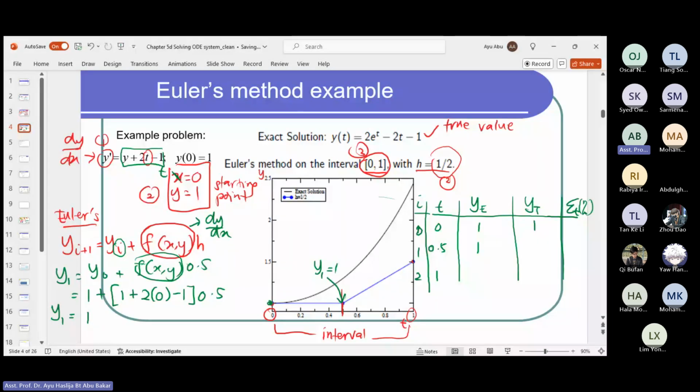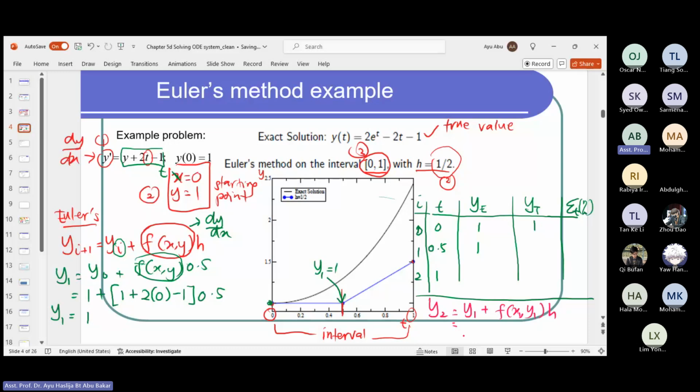Next, to find y2. To find y2, where should I put? Now y2 is your y1 plus f(x,y), then the h.